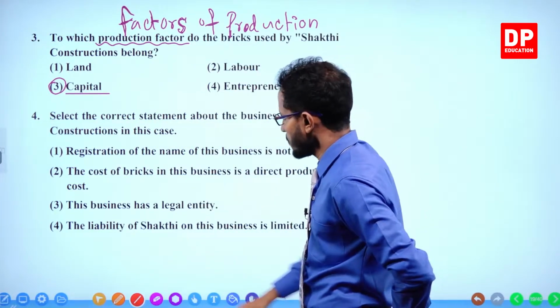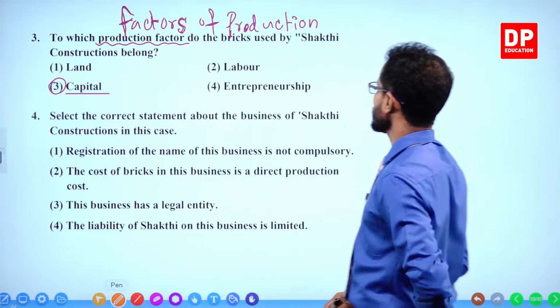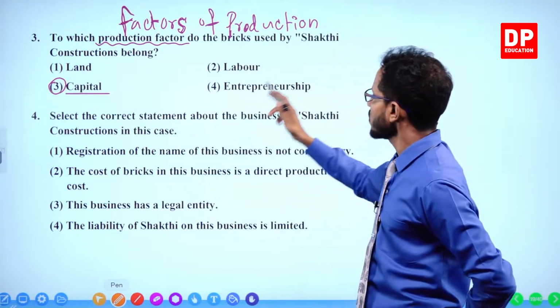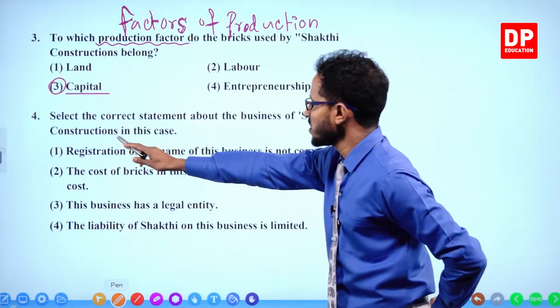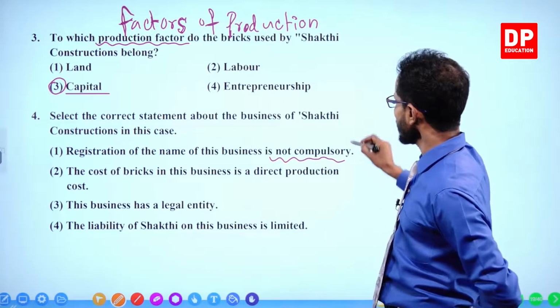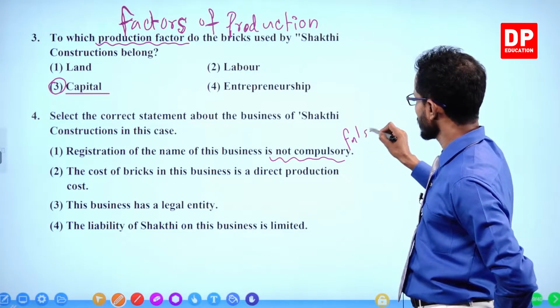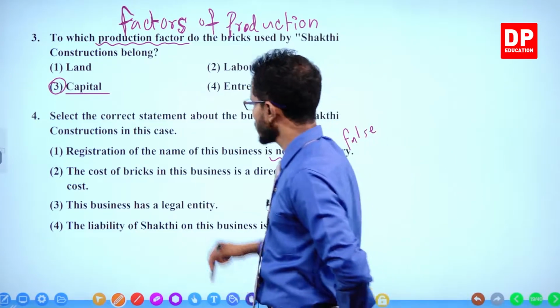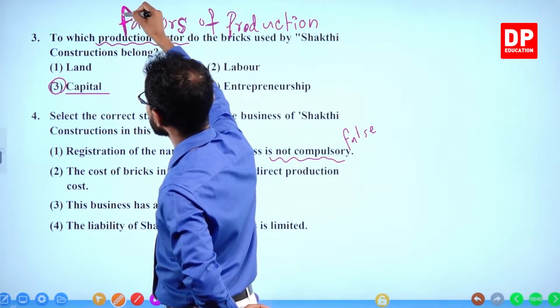Select the correct statement about Shakti Constructions. Registration of the name of this business is not compulsory. That is false. It is compulsory.